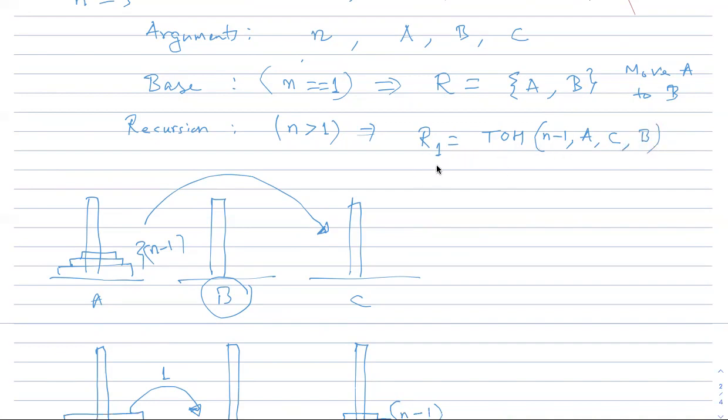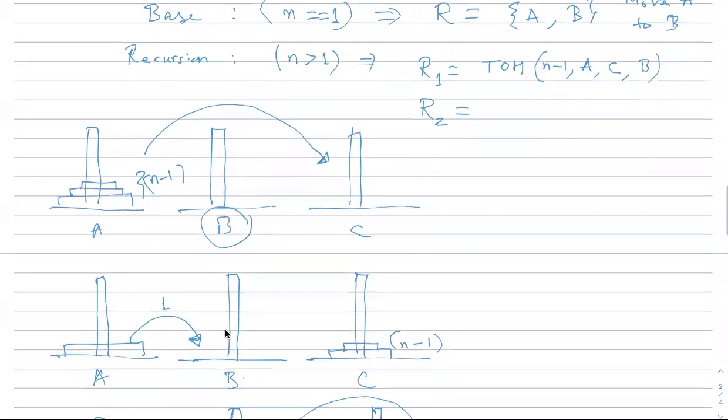So that's the first sub problem that we are solving. What is the second sub problem here? Or sub solution, it's not even a problem. Solution to the sub problem.